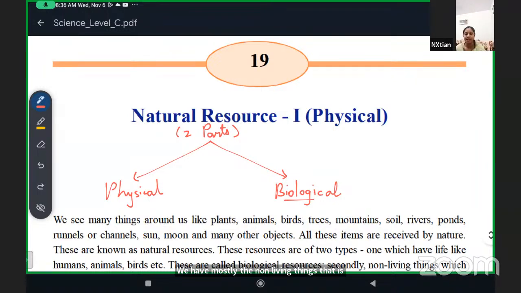But these are also natural resources. So both physical and biological are natural resources.